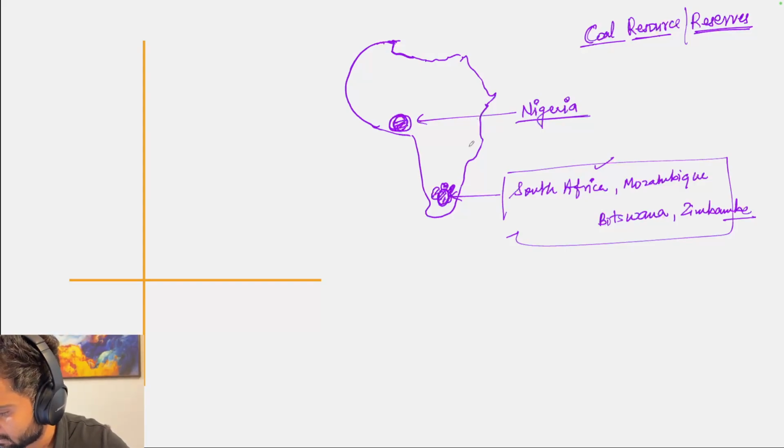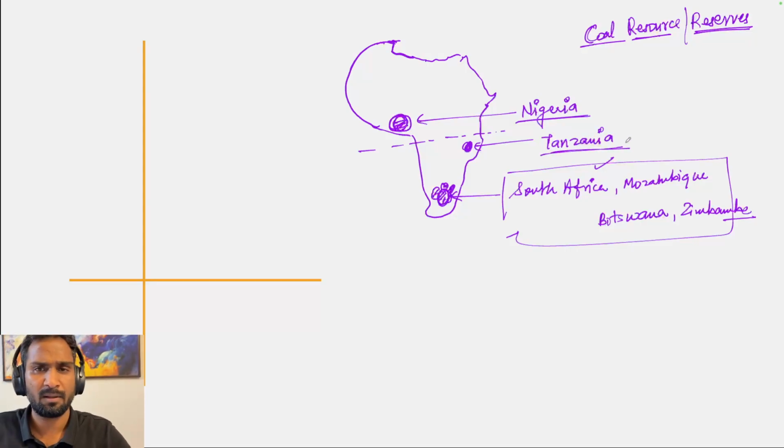If you remember, over here, this was equator. This region is Tanzania. In Tanzania also, the coal reserves have been found, and the efforts are being made in order to enhance the production in these regions.